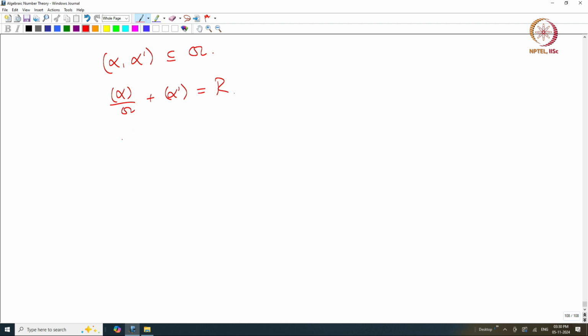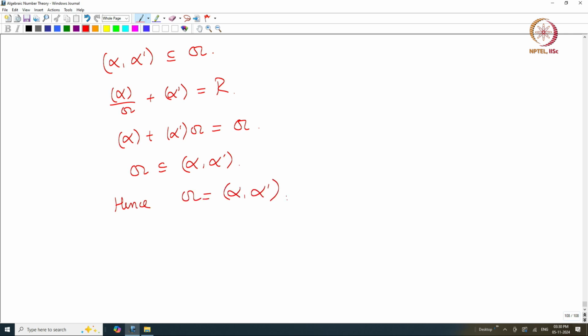So, another way of writing this is that alpha R plus alpha prime A is equal to A, which of course means that A is contained in the ideal generated by alpha and alpha prime. So, hence A is equal to (alpha, alpha prime), right. So, what we proved is that A is generated by 2 elements, at most 2 elements. What we went further, we said that if you take any alpha, a non-zero element of A, there exists another element alpha prime such that (alpha, alpha prime) is equal to A.